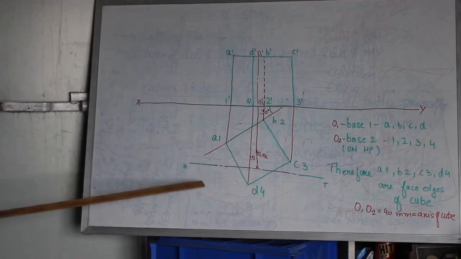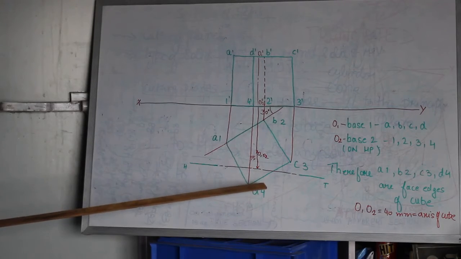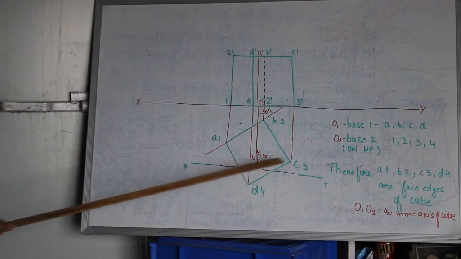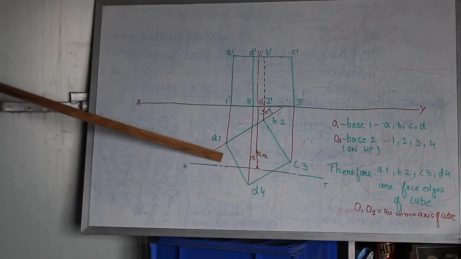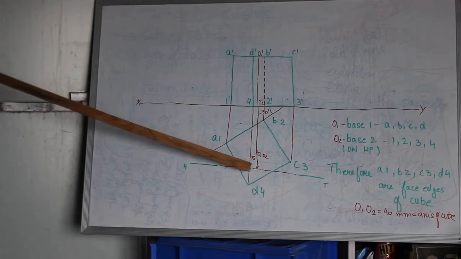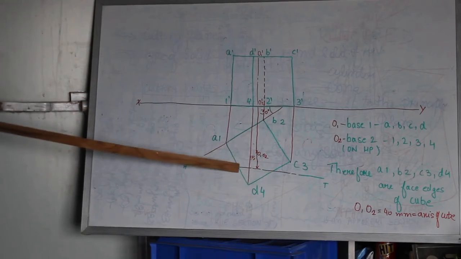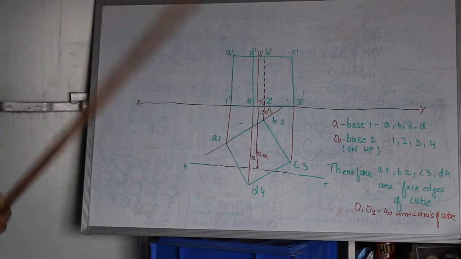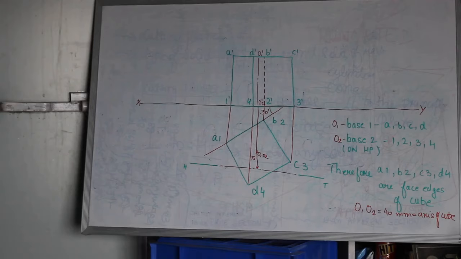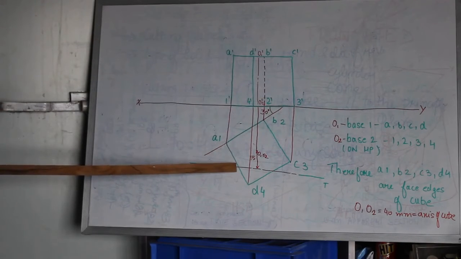And now when this line has crossed across the base edges, it creates this point. This is the point of intersection it creates. So these points of intersection are called the cutting points. It means when the cutting plane cuts the solid, it cuts through these points.